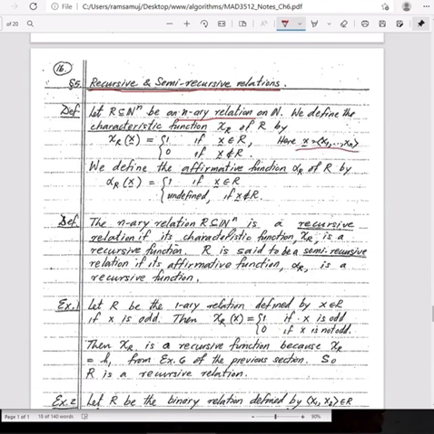Now you have another function besides the characteristic function. The other function is called the affirmative function. It's like the yes function. It says yes if you're in, but if you're not in, it doesn't say anything. It doesn't even say, I don't know, because I don't know could mean yes or no. It just says nothing.